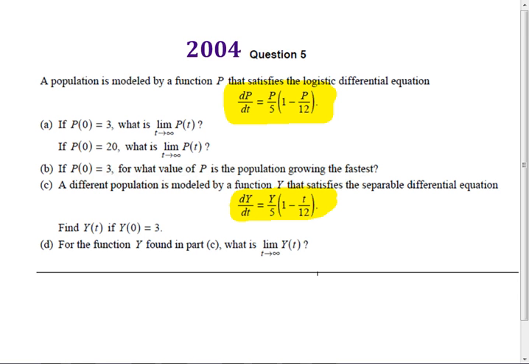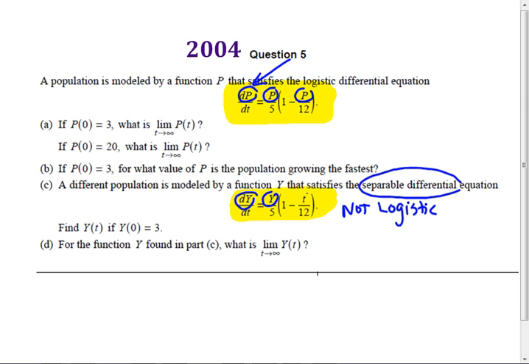Look at it carefully. No, this is not logistic. You know how else I know it's not logistic? It tells me it's separable. The logistic, these have to all be the same. They're all going to be the y or the p in this case. This one, they're not. I was looking for logistic right here, but no, it changes to t over there. It's a separable differential equation.